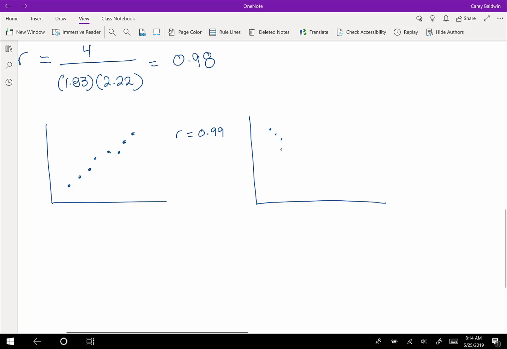Now, if I have a similar situation, but a negative relationship, so here's y and x, the R value associated with this would be negative. Let's just say -0.97, a pretty strong relationship between those two variables.